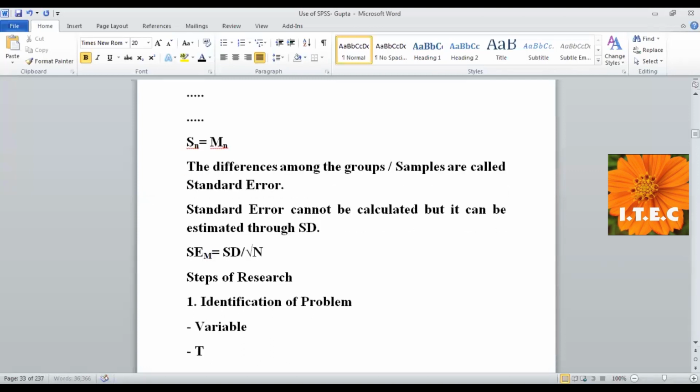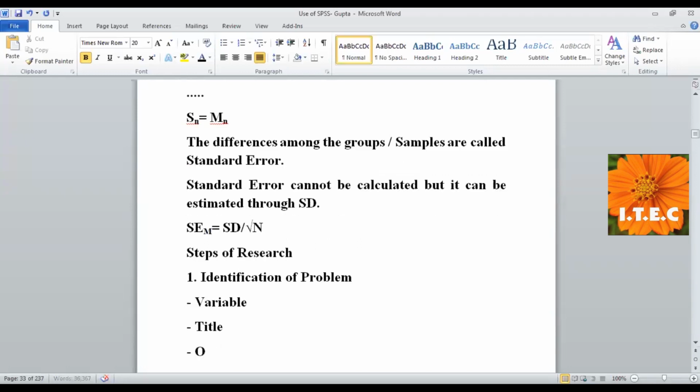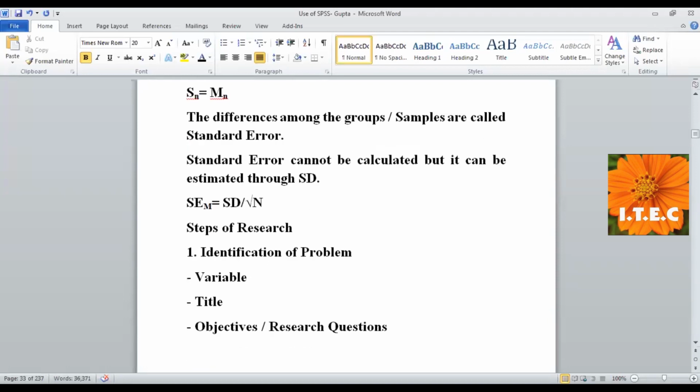Now you can write the title and you can write the objectives or research questions. Second step is the formulation of hypothesis.